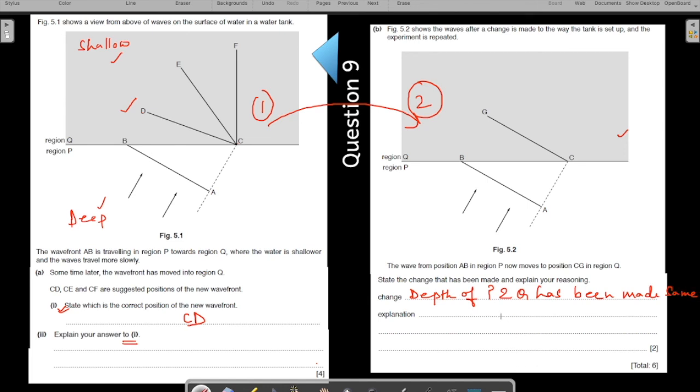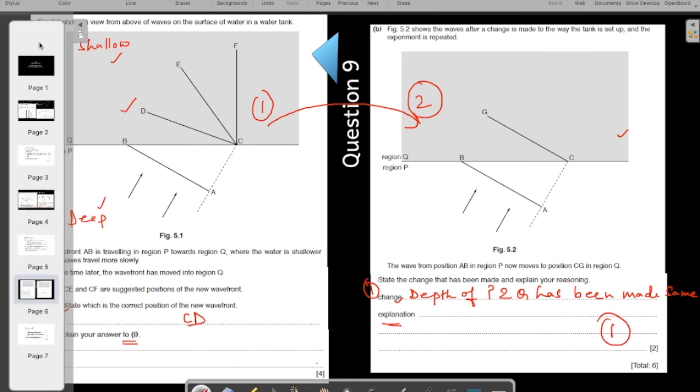The depth of P and Q are now equal. Explanation, a 2 mark question: 1 mark for writing your answer correctly for the change. Explanation, why? Because you do not see any bending happening. You do not see any refraction happening. Any of the things you can say to get the next 1 mark here. So let us go to the mark scheme and see.